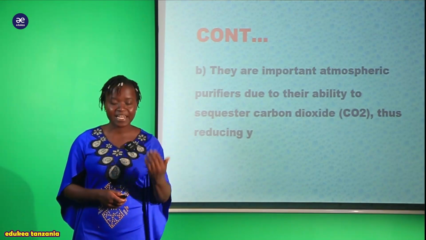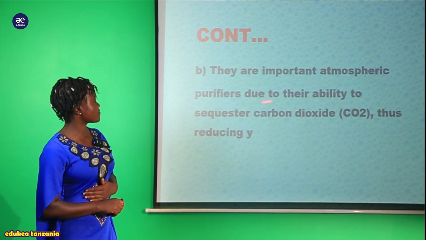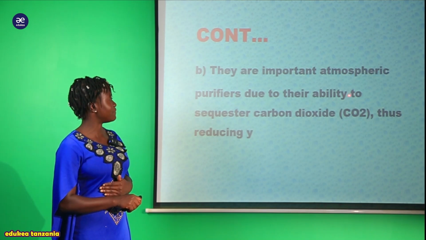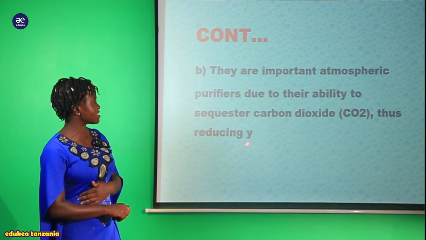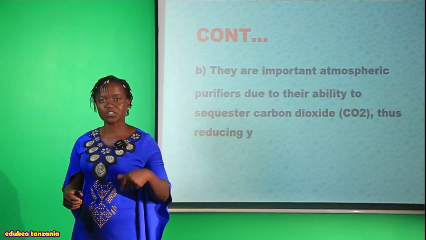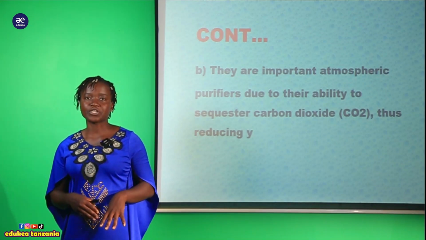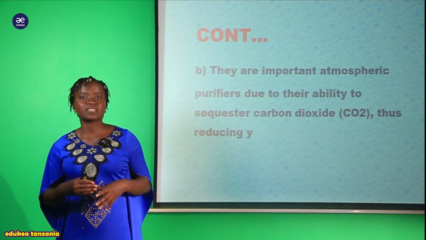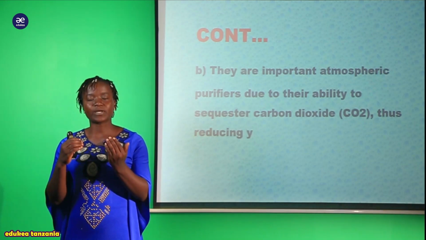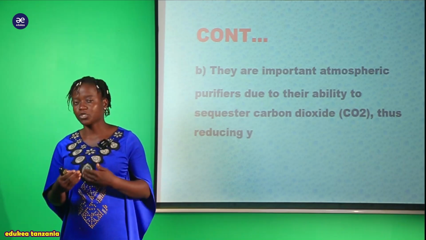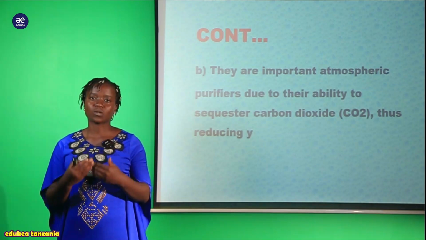And also we have another advantage, and this is they are important atmospheric purifiers due to their ability to sequester the carbon dioxide, thus reducing the concentration of carbon dioxide within the environment. Wana ile tendency ya kureduce carbon dioxide within the environment, kwa sababu carbon dioxide ambayo wanatumia inatumika kwa ajili ya kutengeneza chakula.